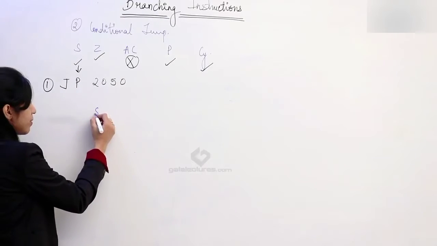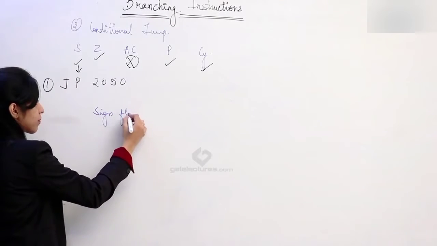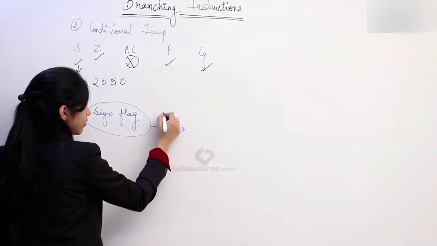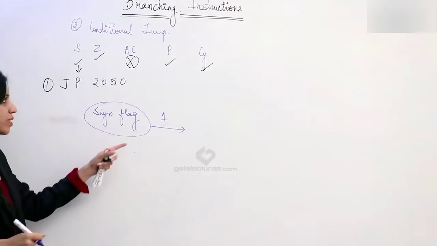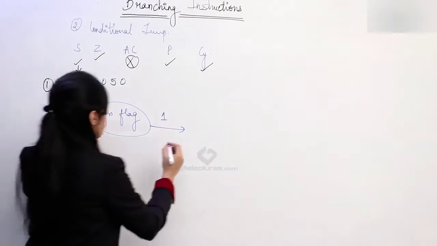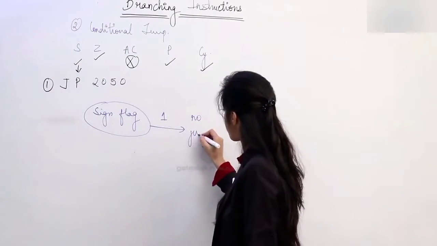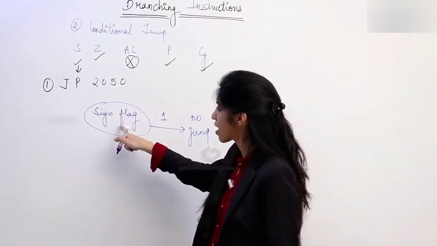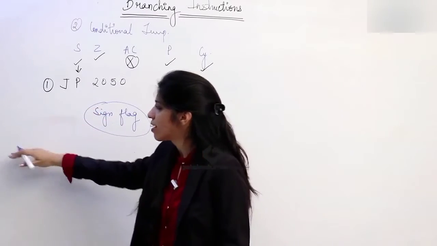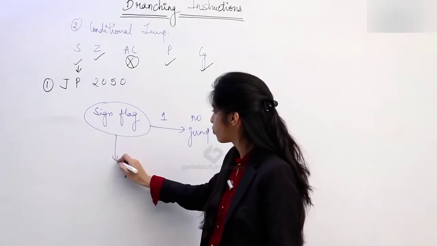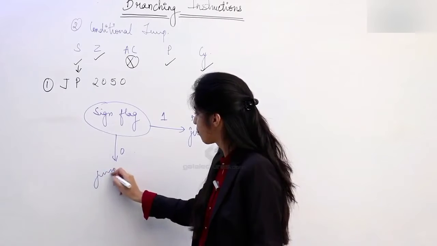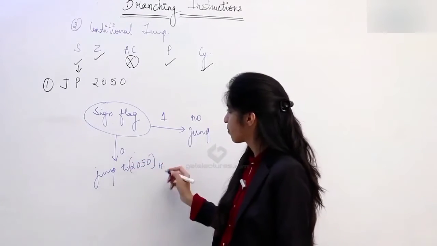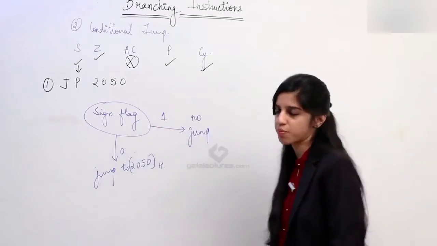If the sign flag is 1, which means it is a negative number, we are not going to jump, no jump. Simply the next instruction is executed. But if the sign flag is 0, meaning the result is positive, then we are going to jump to 2050. We are going to jump to this location. So this is how conditional jump works.